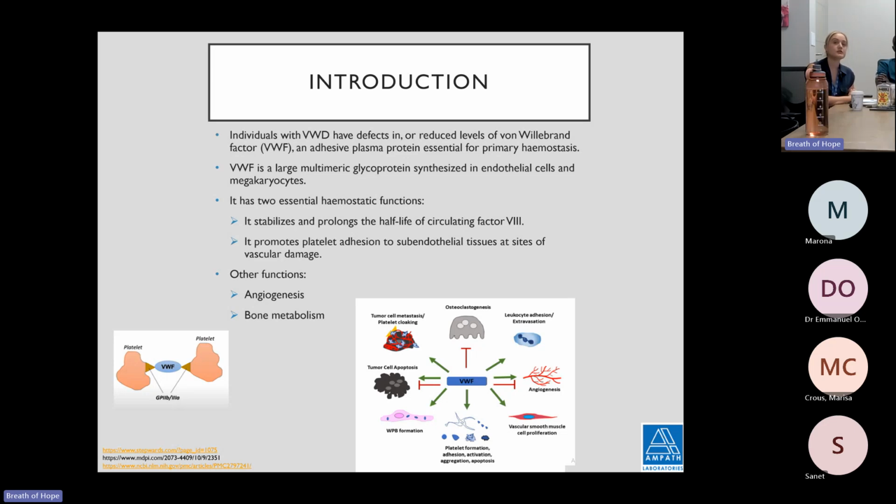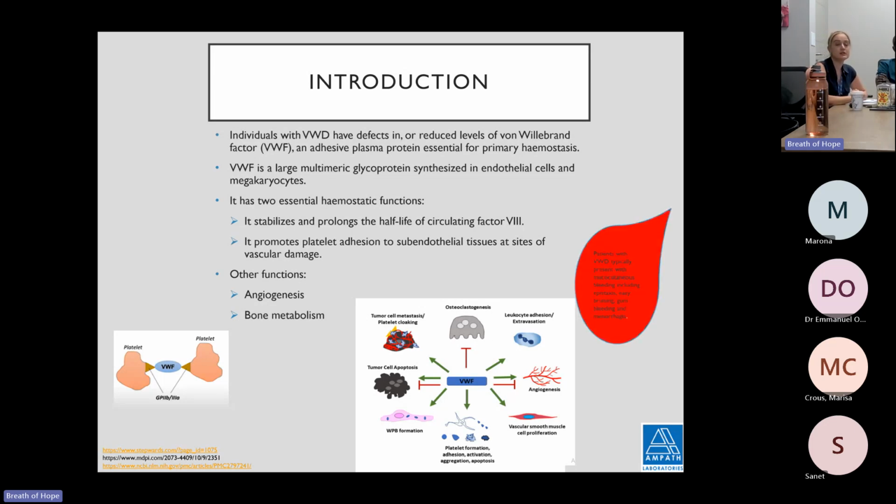And there's a lot of research where von Willebrand can play a role in evasion of tumor cells. They've also shown that some of the tumor cells can advance to such a stage that they can produce their own von Willebrand factors and evade the immune system.